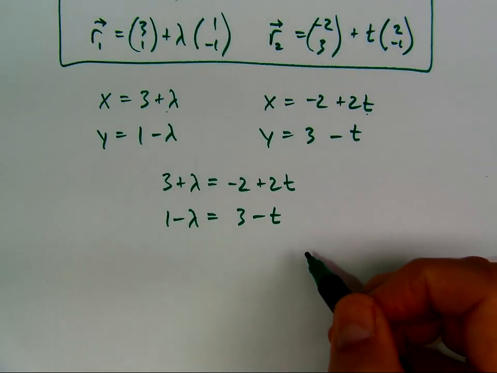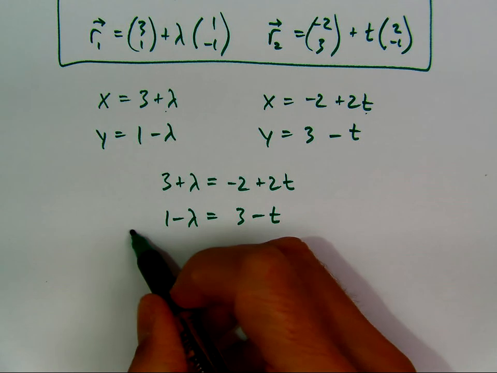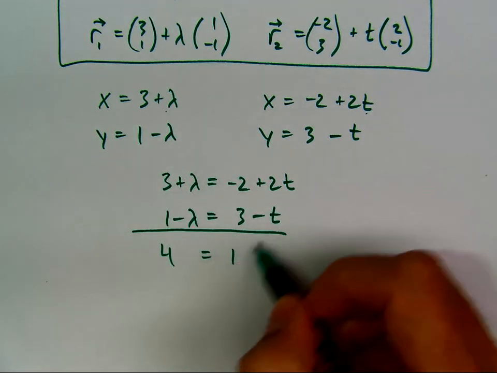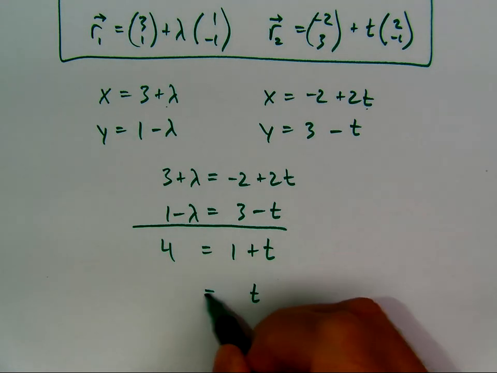And now we use elimination. We already have opposites here, so we can add, and we get t is 3.